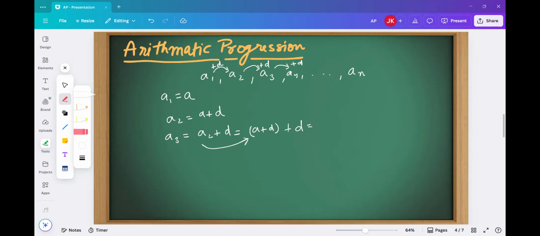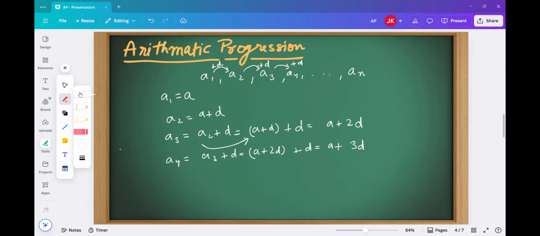And this will amount to A plus 2D. Okay, fantastic. The same operation I can do with A4. What is A4? It's nothing but A3 plus D, and A3 is A plus 2D. So here I'm putting the value of A3, and what am I getting? I'm getting A plus 3D.